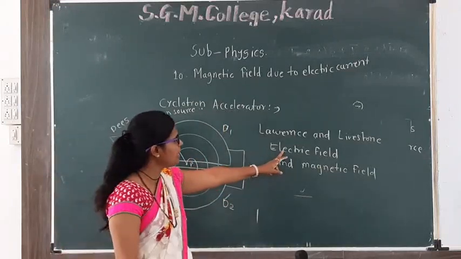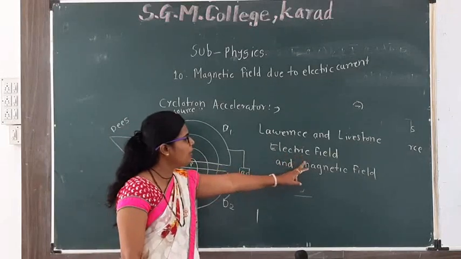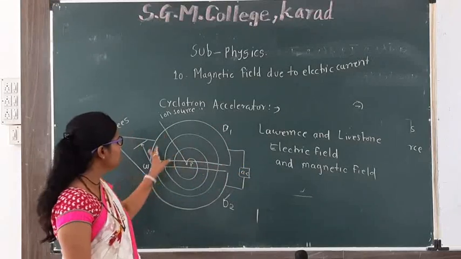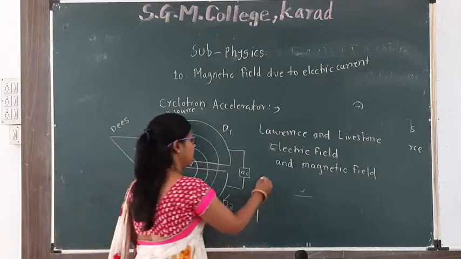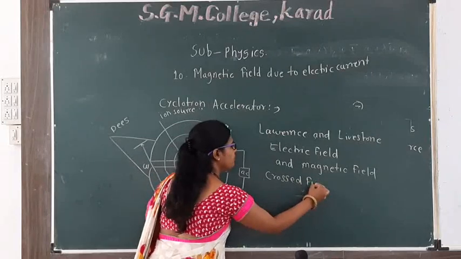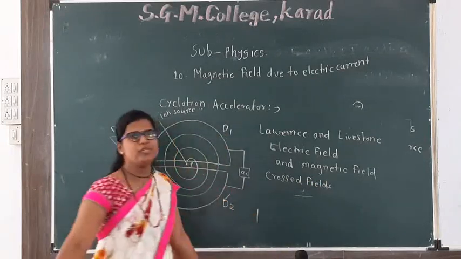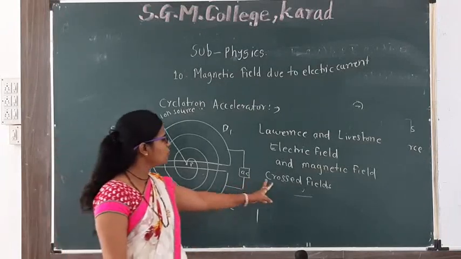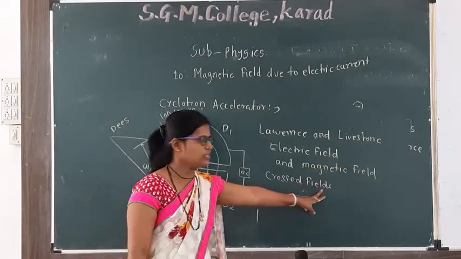Both the electric field and magnetic field are perpendicular to each other, so these are called crossed fields.